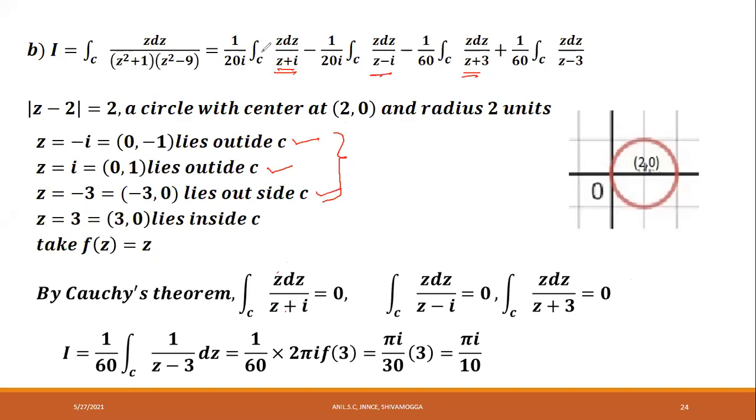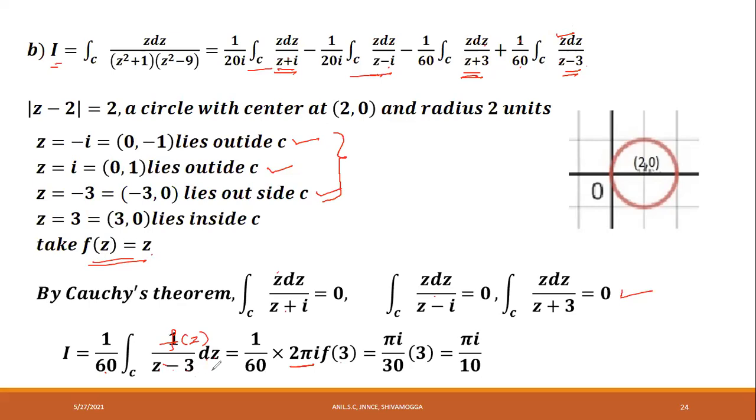Therefore, I is equal to 0 plus 0 plus 0 plus 1 by 60 into the integral over C of 1 over z minus 3 into dz. This is not 1 over z; f of z is taken as z, the numerator is taken as z. Therefore, f of z divided by z minus 3 into dz. By Cauchy's integral formula, this integral is equal to 2 pi i into f of a.